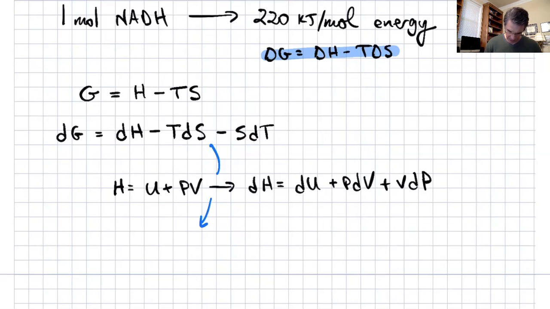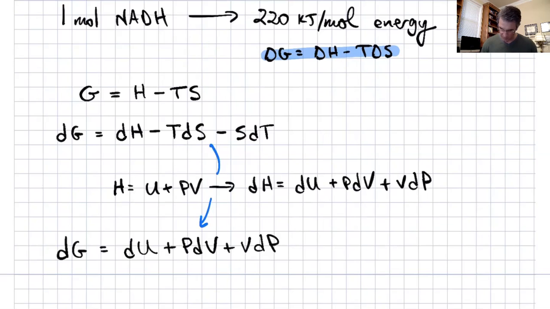Putting those ideas together, we can substitute in here and get an expression for the differential change in the Gibbs free energy, which is simply equal to the differential change in the internal energy, plus pressure times differential change in volume, plus volume times differential change in pressure, minus temperature times the differential change in the entropy, minus entropy times the differential change in the temperature. That's great.